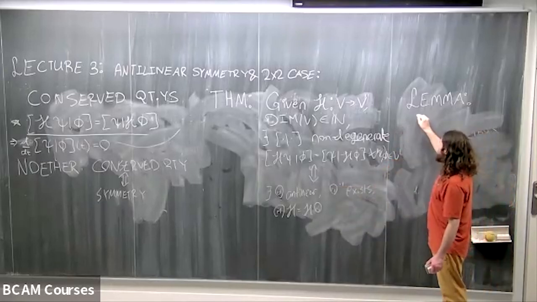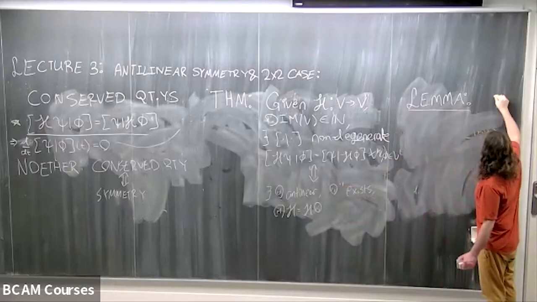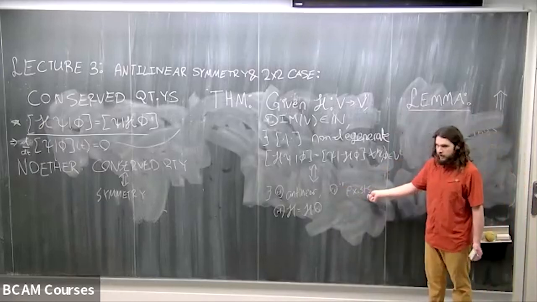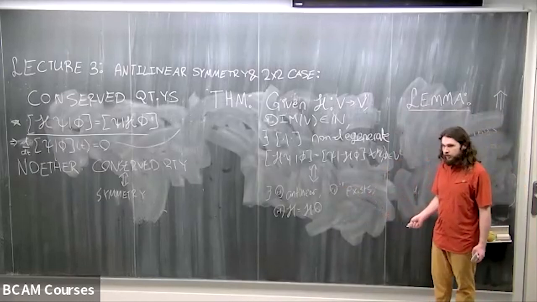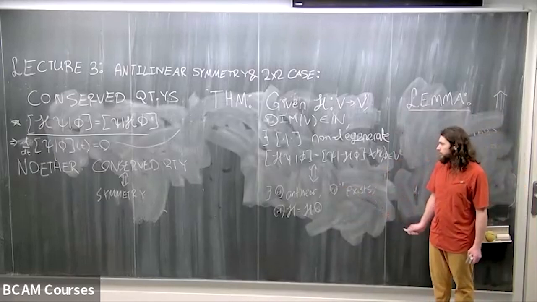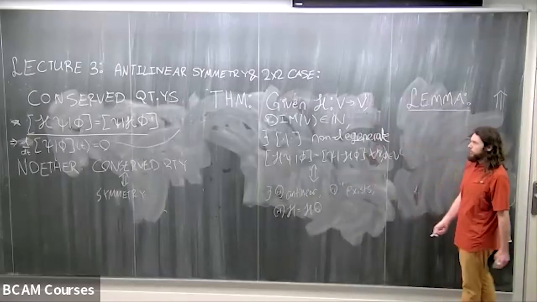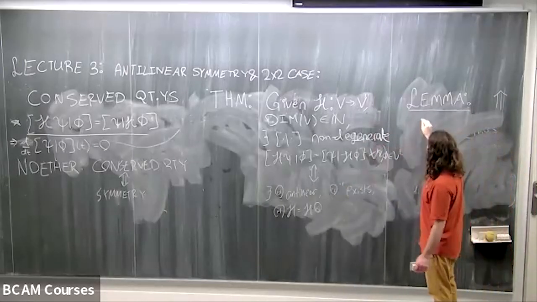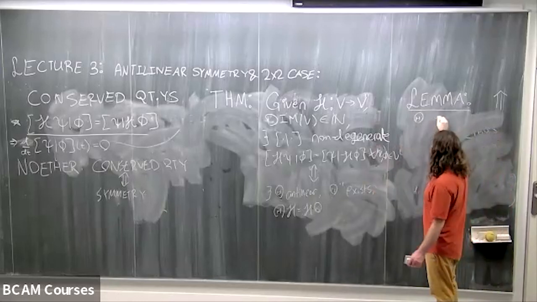So the lemma is going to be used to prove the upwards direction. I'm going to first assume that there is this antilinear symmetry. From that, figure out what the action of the antilinear symmetry on the root subspaces is, and then show that it satisfies what's required in order for this to exist. So let's see, we assume that theta satisfying these properties exists.